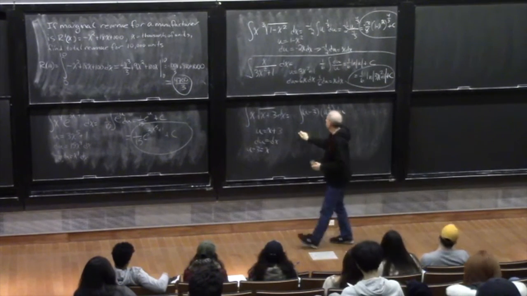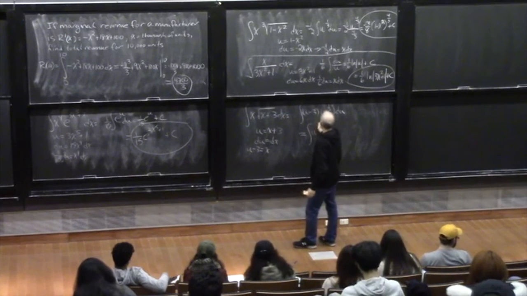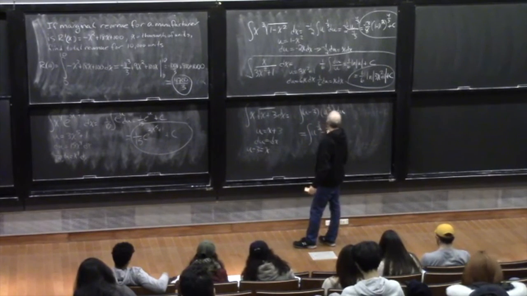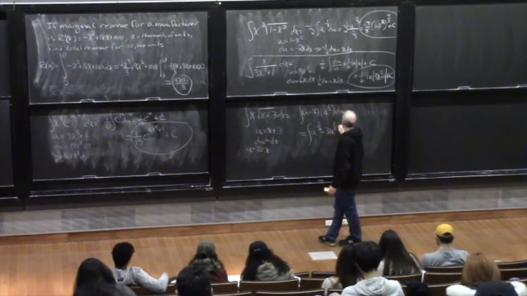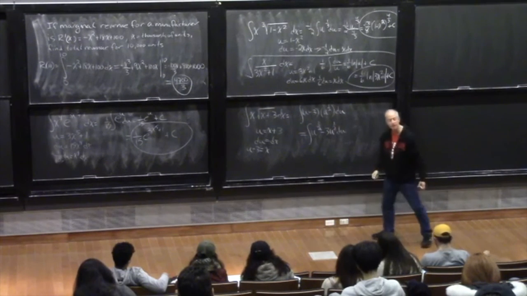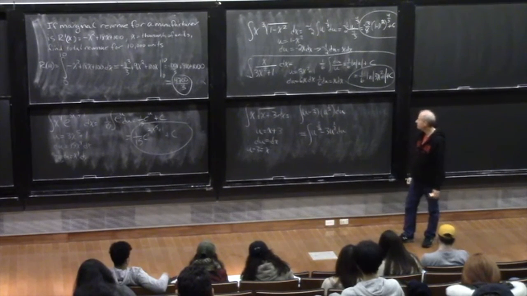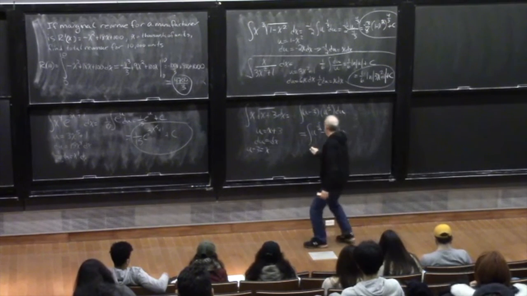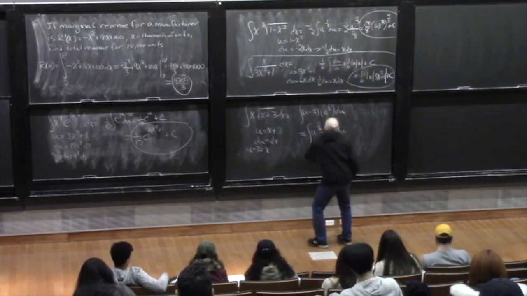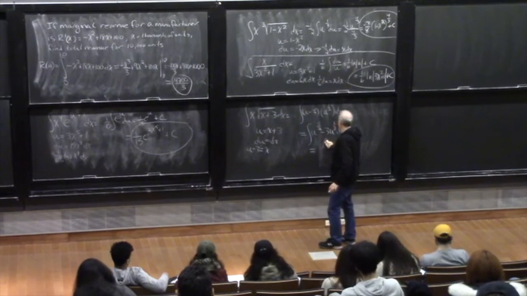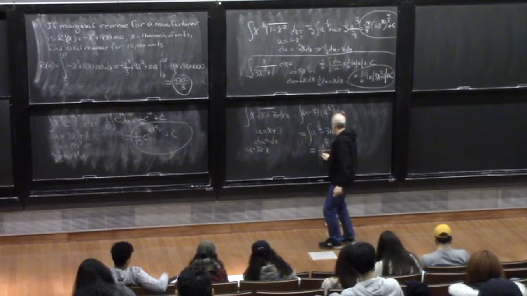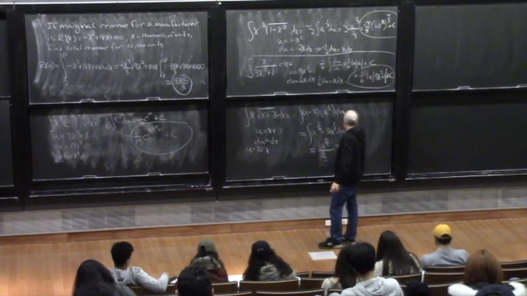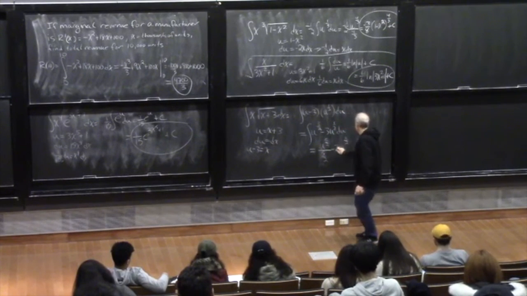So this becomes the integral of u to the 3/2 minus 3u to the 1/2 du. You get that by multiplying through by u to the 1/2. That is u to the 5/2 over 5/2 minus 3u to the 3/2 over 3/2.